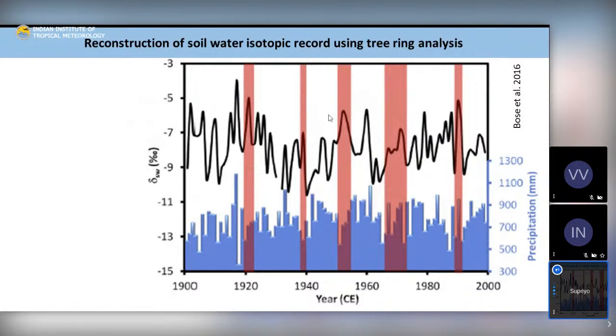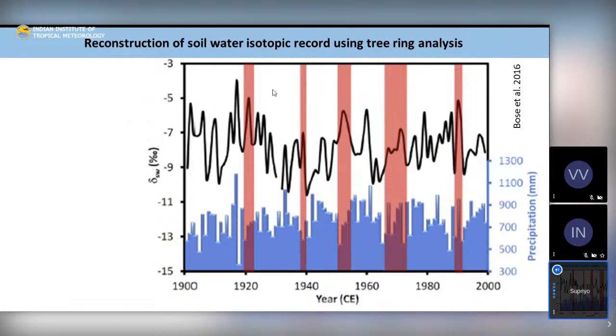of cellulose. So in this work, what has been shown here is the isotopic composition, delta 18O. Actually SW means soil water. So delta 18O was high.